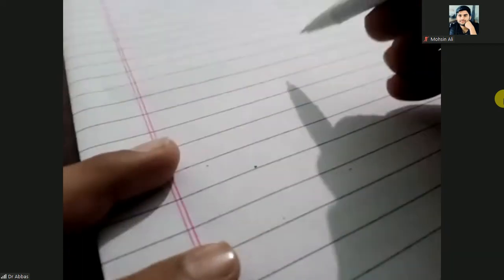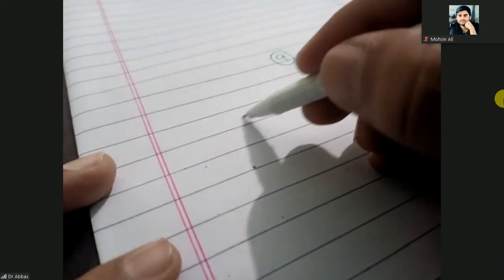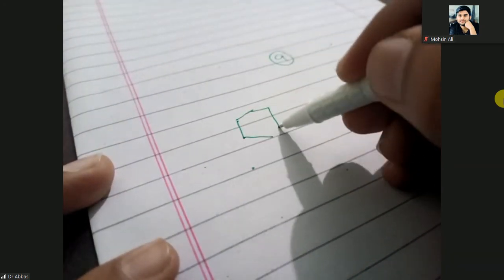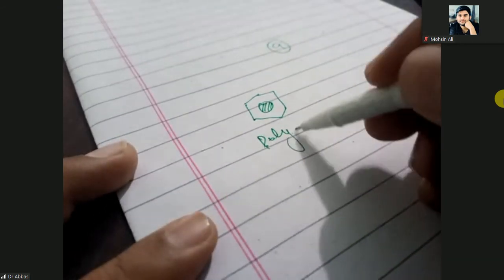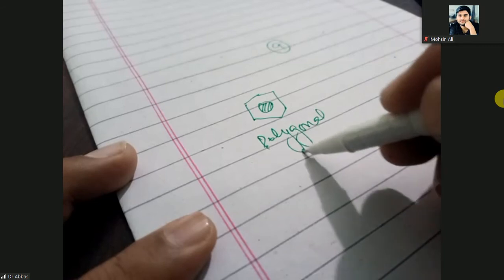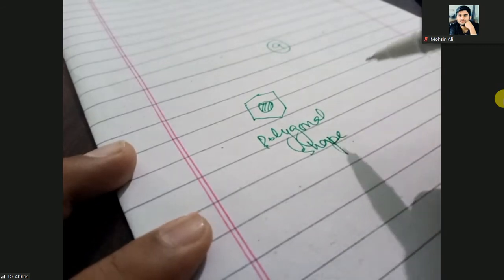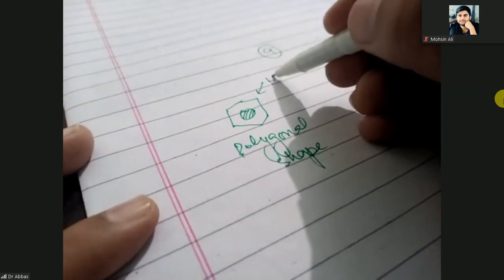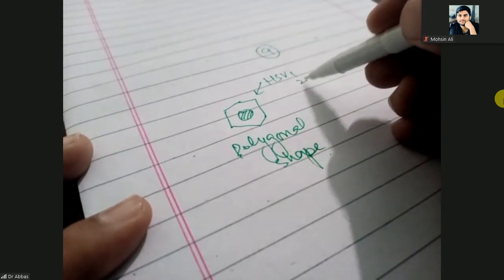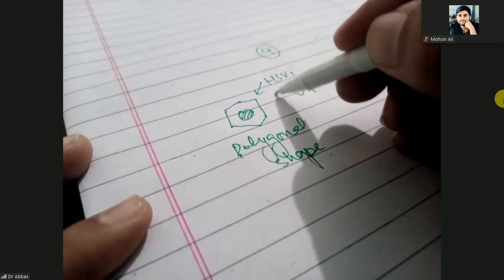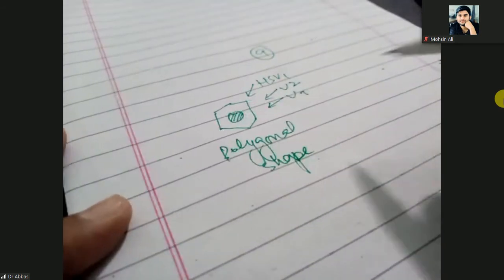Maybe you are confused. Pathology. So, what is the pathology? This is the keratinocyte. What is the shape of this keratinocyte? That is the polygonal shape keratinocyte. So, when the virus HSV1, HSV2, and HSV3 infect these cells, what will happen?